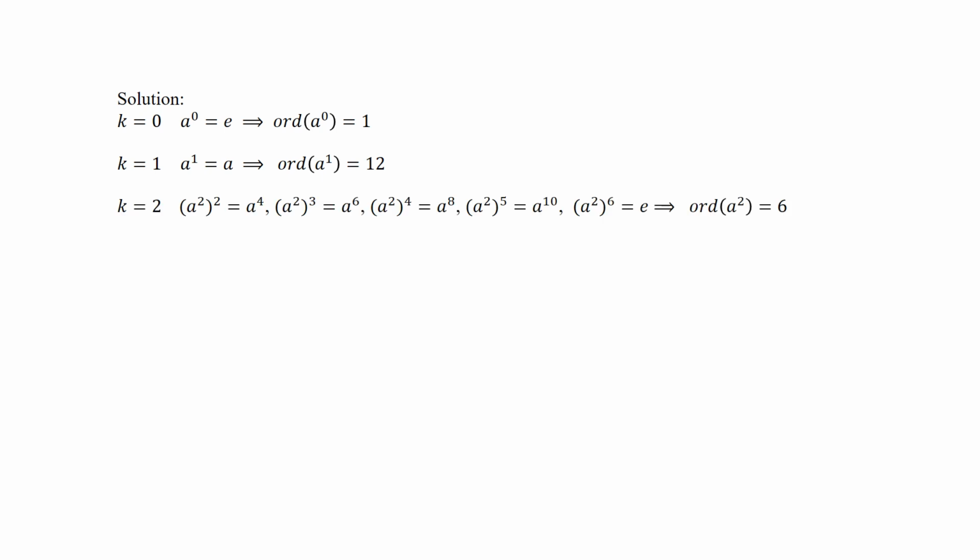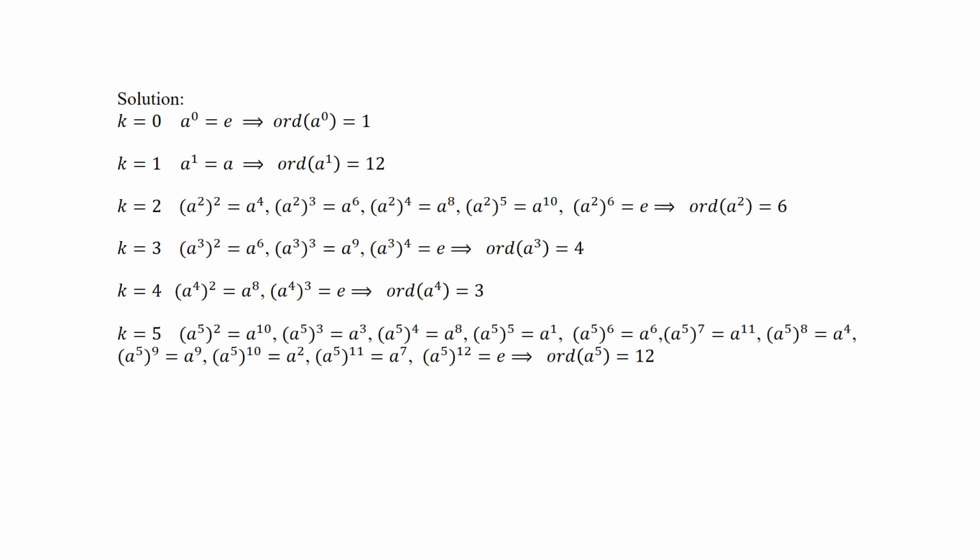If K is 0, then the order of A to the 0 is 1. We've already established that. When K is 1, the order is 12. What happens when K is 2? I just take powers of A squared, and I find that the smallest power that gives me the identity is 6. The order is 6. I do the same thing for A cubed, A to the 4th. Notice when we get to A to the 5th, the order is 12.